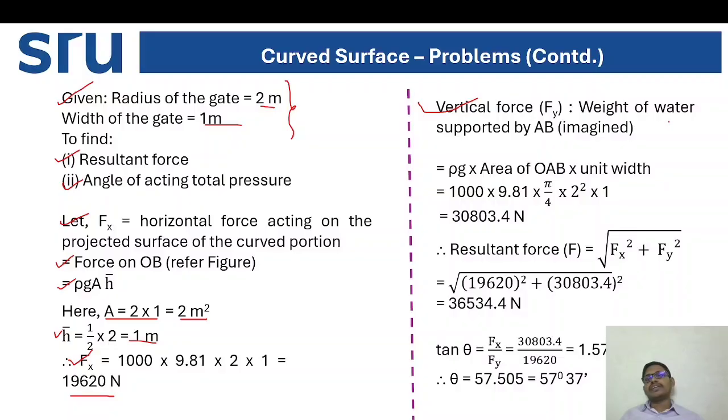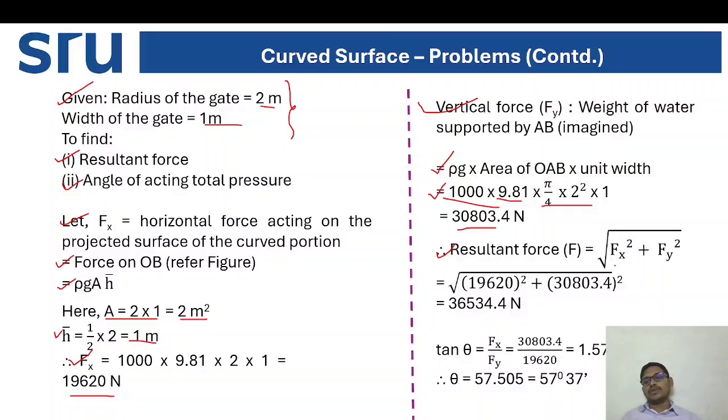In a similar way, the vertical force is the weight of water supported by AB, that is imagined, and rho into area is nothing but that of OAB into unit width. So this is 1000 into 9.81 into pi by 4 into 2 squared into 1, that is 30803.4 newtons.